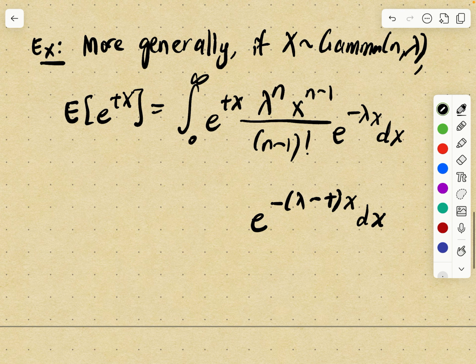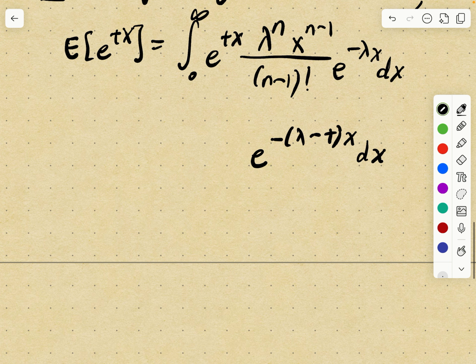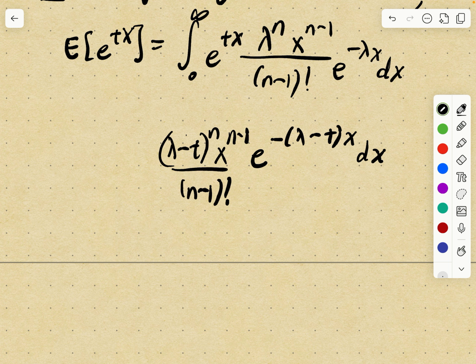So what you want to do is make this look like a gamma n, lambda minus t density. So let's write out that density function. That's going to be (lambda minus t) to the nth power x to the n minus 1 over (n minus 1) factorial, like this. So we know that this integral is going to be 1.